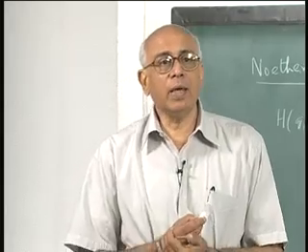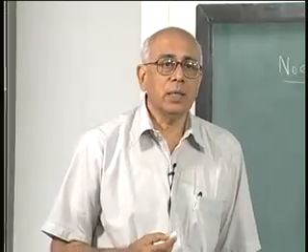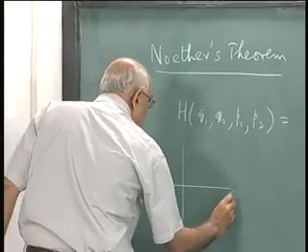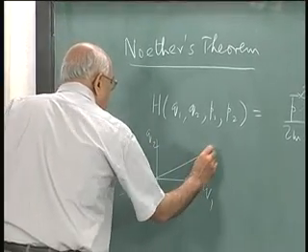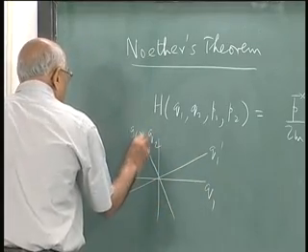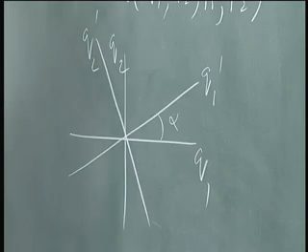What will remain invariant? If I take, for example, the Euler-Lagrange equations and solve them, what would be invariant under this set of transformations? That is, instead of choosing these coordinates q1 and q2, I choose some coordinates q1 prime and q2 prime, which are tilted with respect to the original axes by some angle alpha.